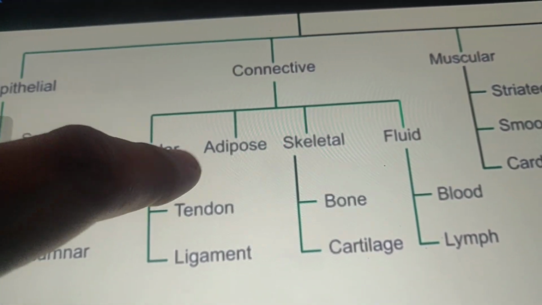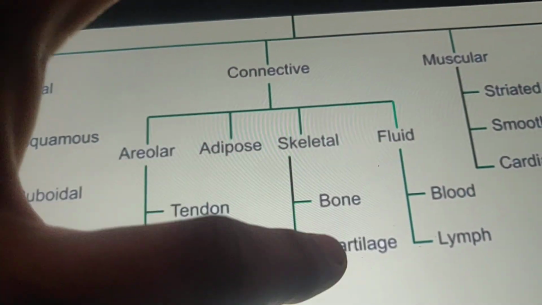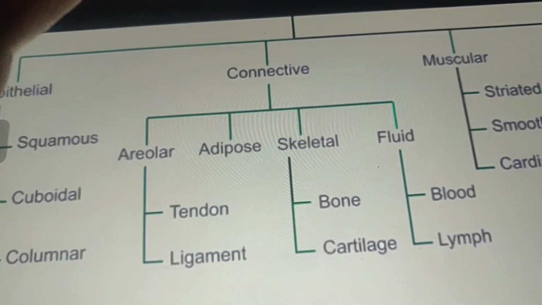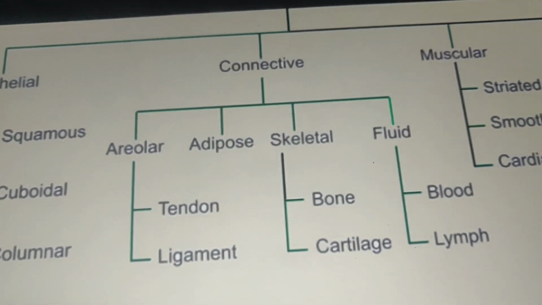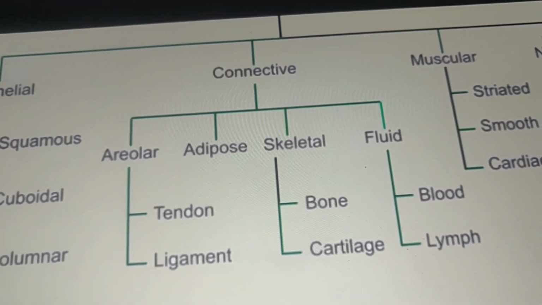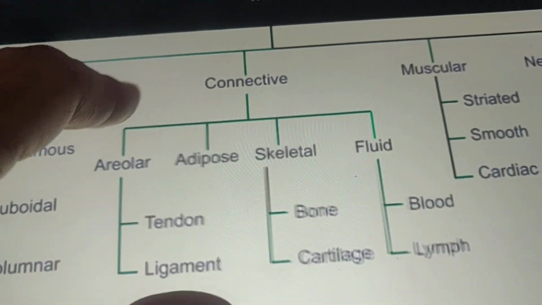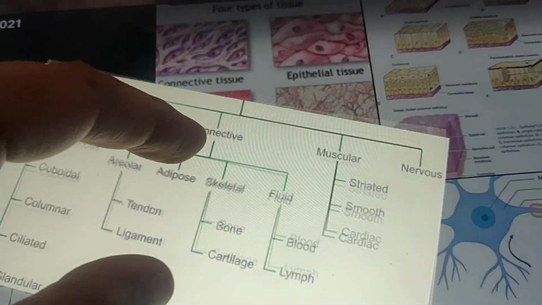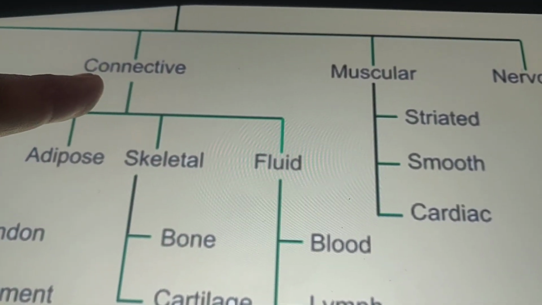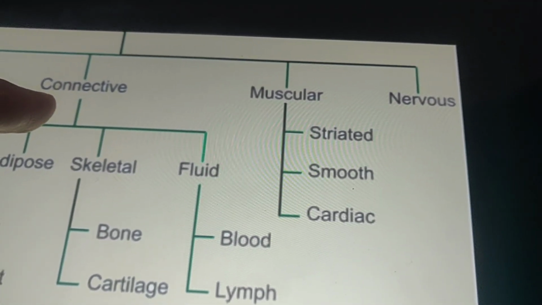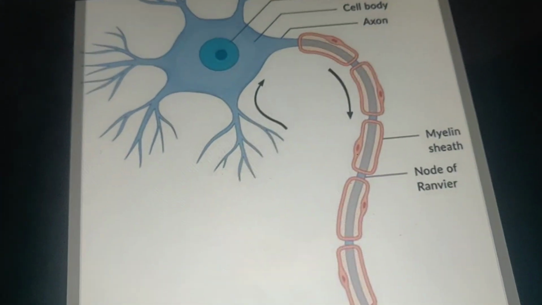Next, connective tissue: areolar, adipose, fluid, bone, lymph, cartilage, fat cells, dense tissues, tendons, ligaments, collagen, elastic fibers, and the associated things. Then we saw the muscular: striated, smooth and cardiac. Finally we are going through the nervous tissue.